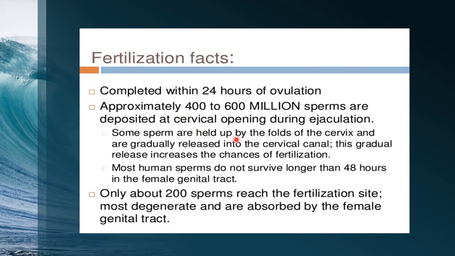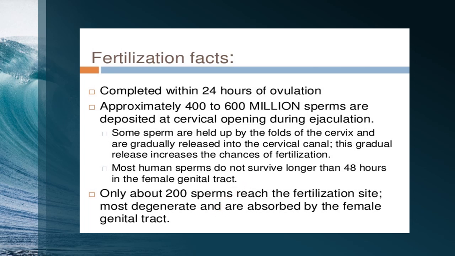Approximately 400 to 600 million sperms are deposited at the cervical opening during ejaculation, and some sperms are present in the folds of the cervix, and they are gradually released into the cervical canal, and this gradual release of the sperms increases the chances of the fertilization. After 48 hours, they are not able to survive in the female genital tract, so they degenerate.